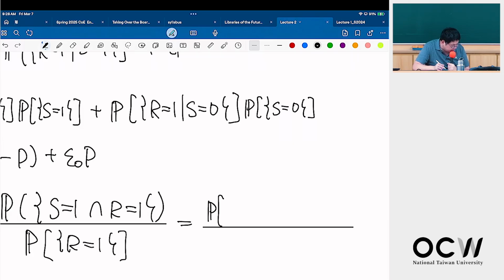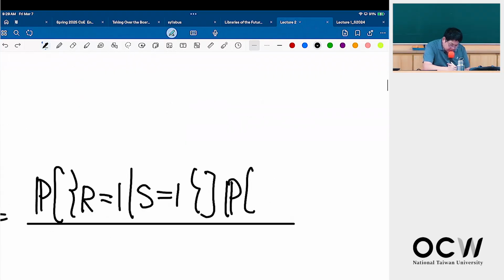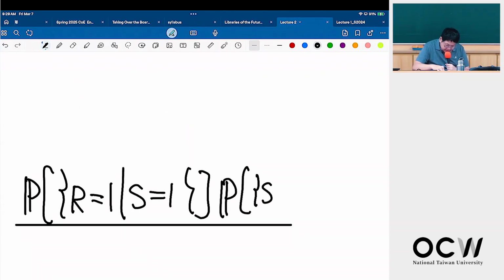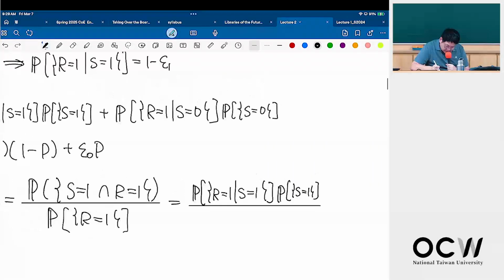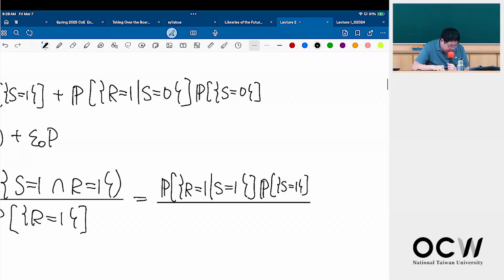That is the probability of 1 is received given 1 is sent times probability of 1 is sent. And then the denominator will be from part A.